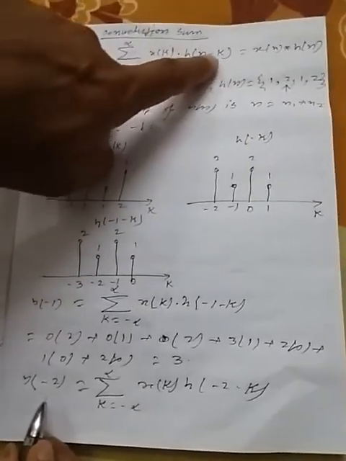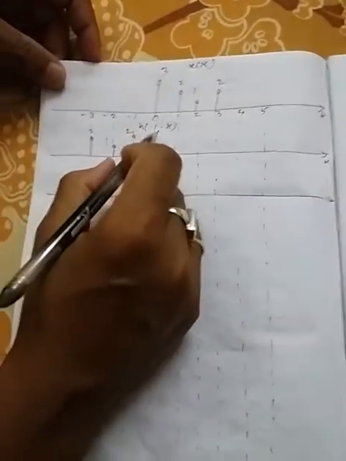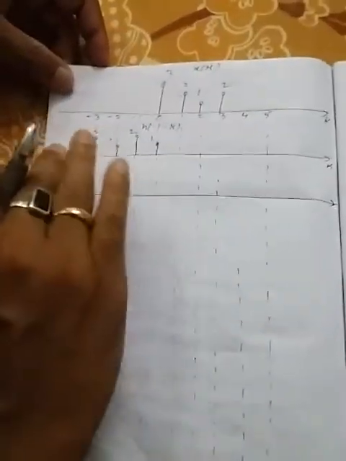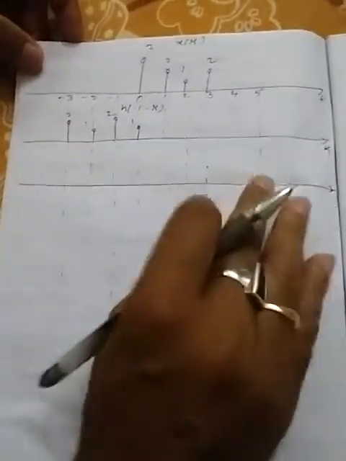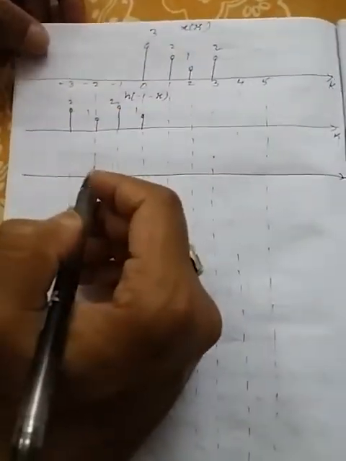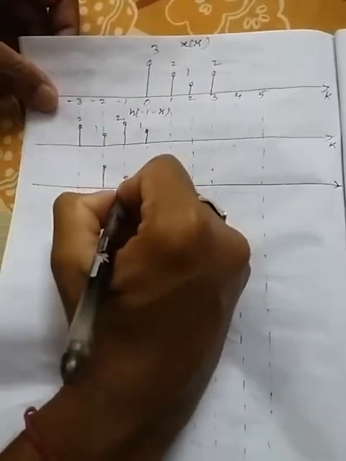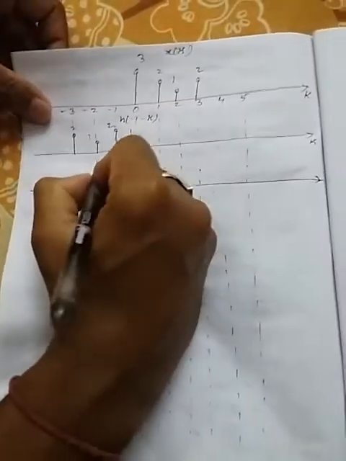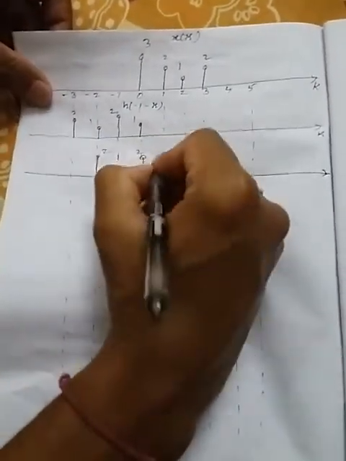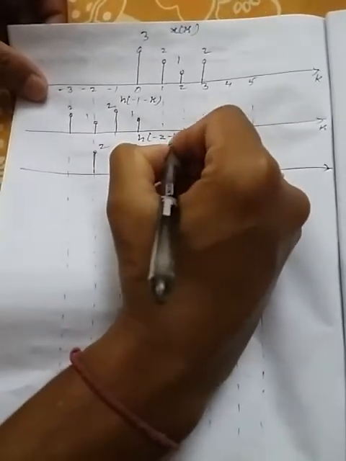Here is h of minus 2 minus k, right? So to draw h of minus 2 minus k, from here we have to just shift this sequence in the rightward direction by one time position, right? So 2 is shifted here, here will be 1, here will be 2, again there will be 1. So 2 1 2 and 1, this is h of minus 2 minus k.